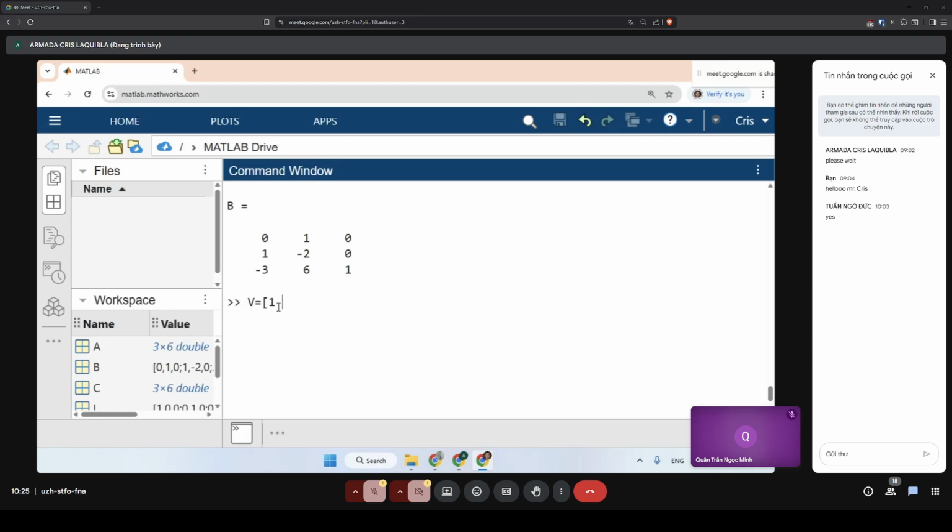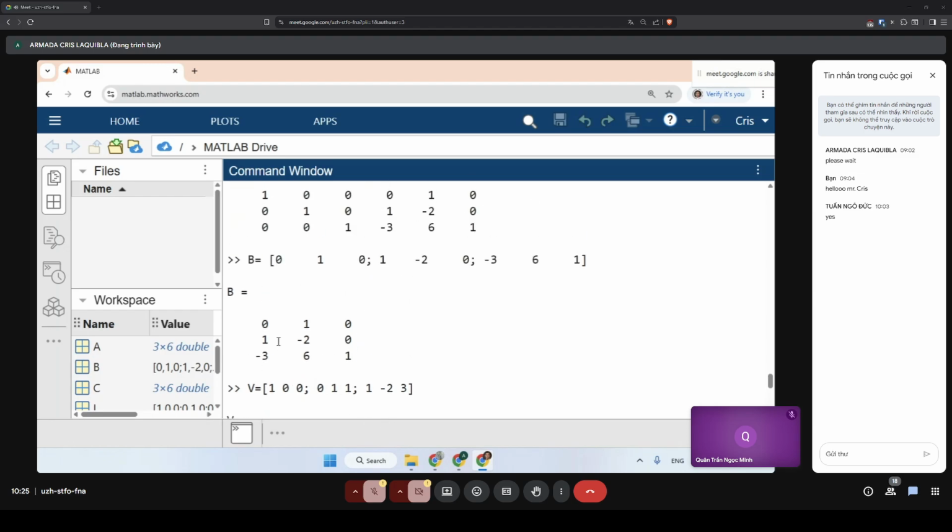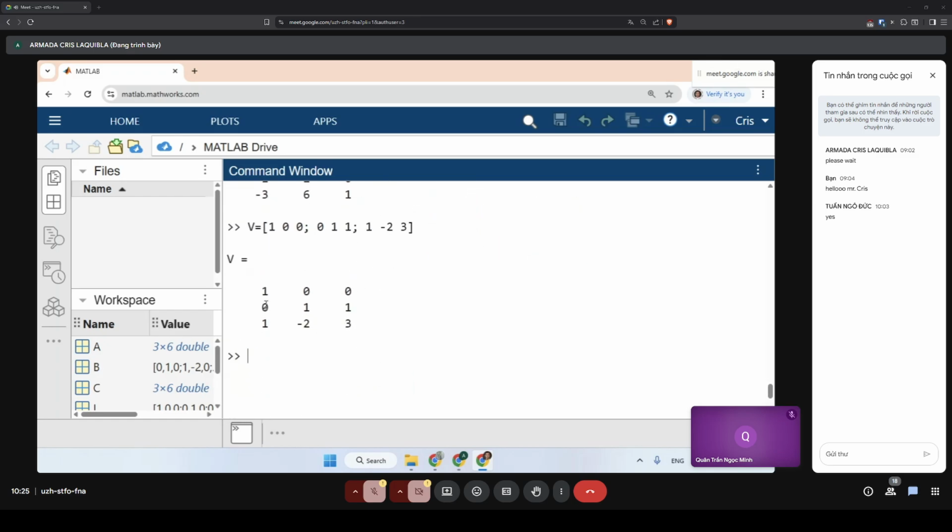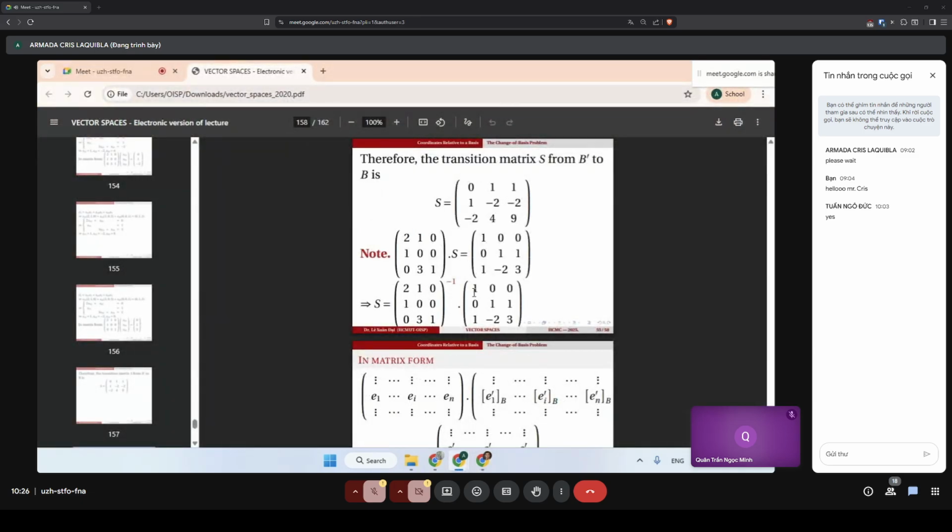We have there 1, 0, 0, semicolon, 0, 1, 1. And then last we have 1, negative 2, 3. So class, this makes sense because this is a 3 by 3 matrix times a 3 by 3. The result must also be a 3 by 3 matrix. That is why your S here is also 3 by 3.